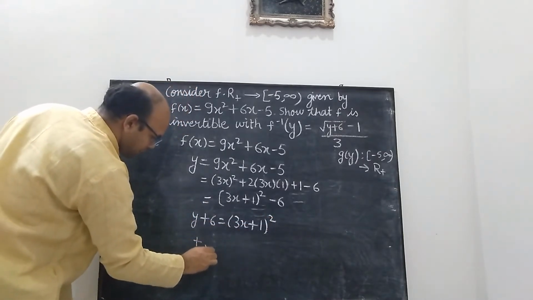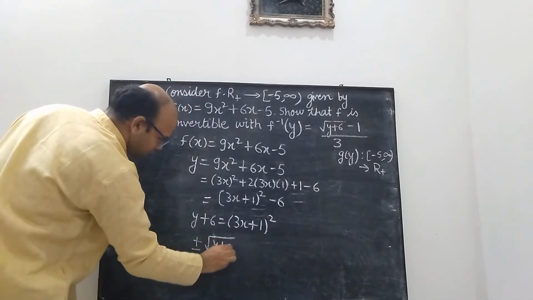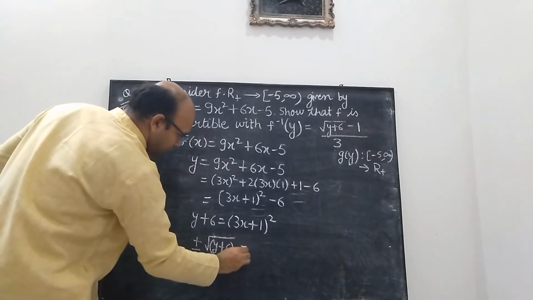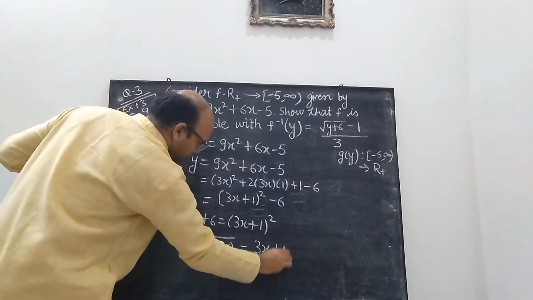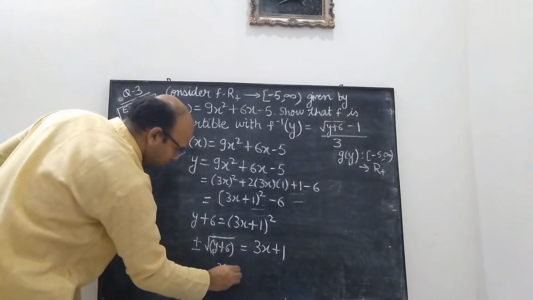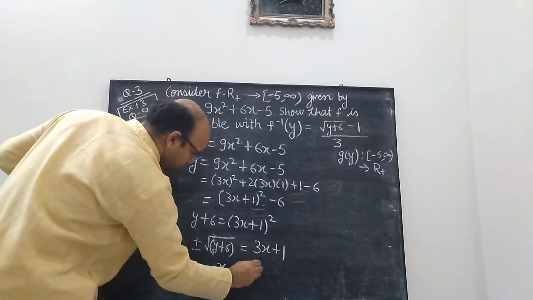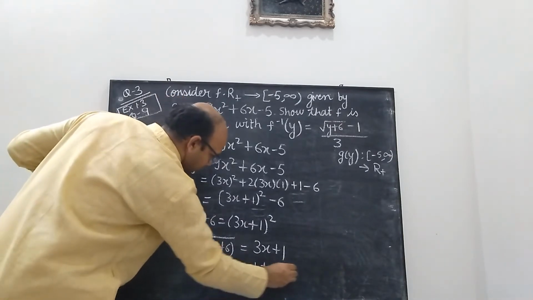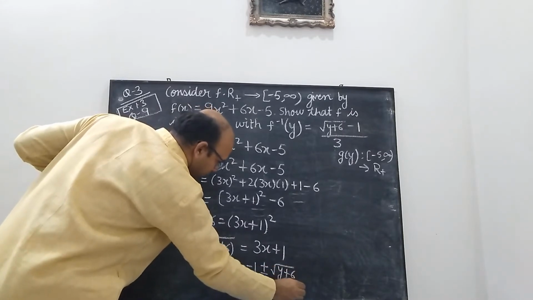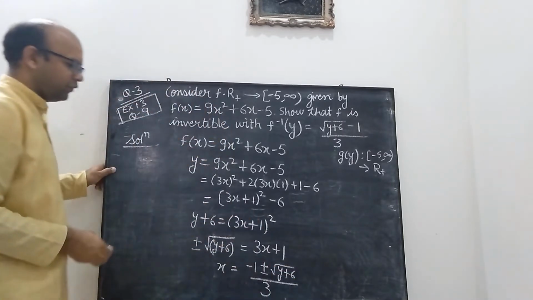This gives plus minus root of y plus 6 is equal to 3x plus 1, or x now will be equal to minus 1 plus minus root of y plus 6, whole divided by 3.